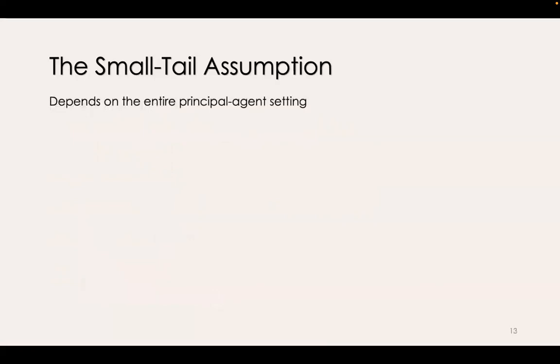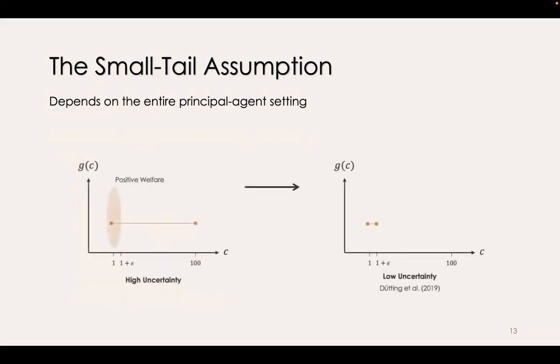Now, our definition of type uncertainty is not only a property of the type distribution, but also of the principal-agent setting itself. We find that this dependency on the entire principal-agent instance, not just the type distribution, is necessary for excluding point mass behavior. To illustrate this, consider a contract instance where the agent's type is drawn from a uniform distribution in the range of 1 to 100, where in the traditional sense there is substantial uncertainty characterized by high entropy and large variance.